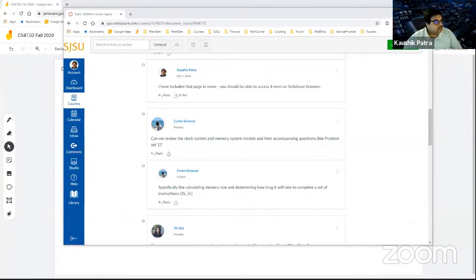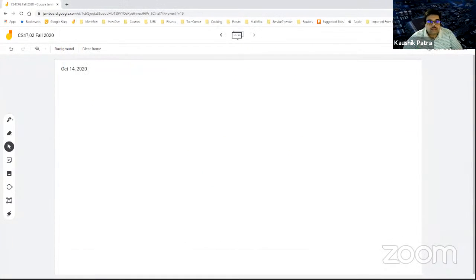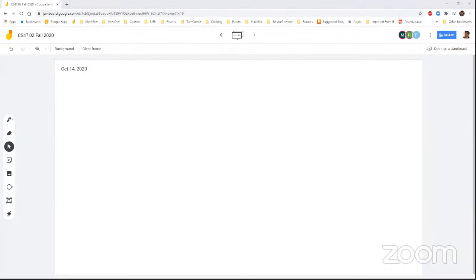Okay, so let's look at this generically. Let's look at these two things. One is the clock system, and the other is the memory operation.